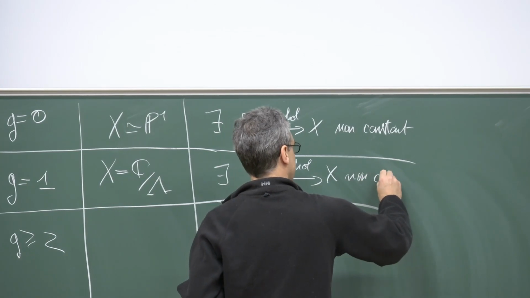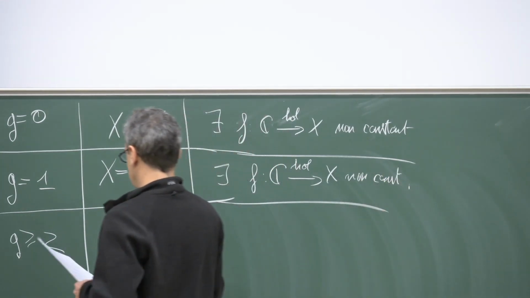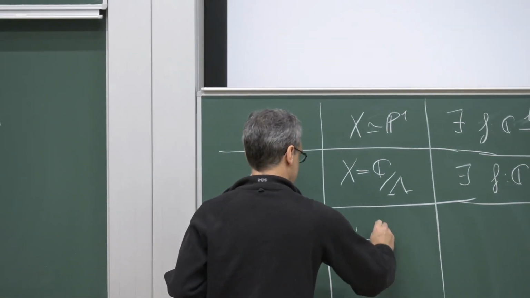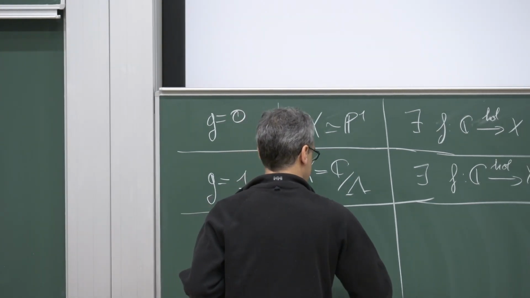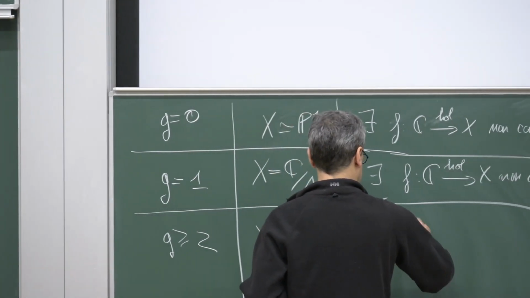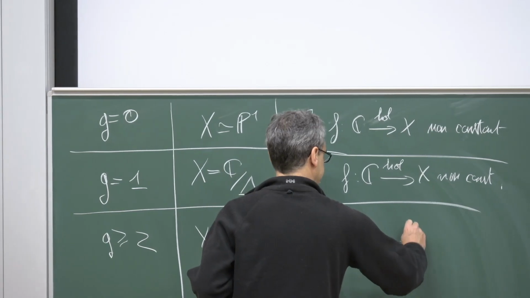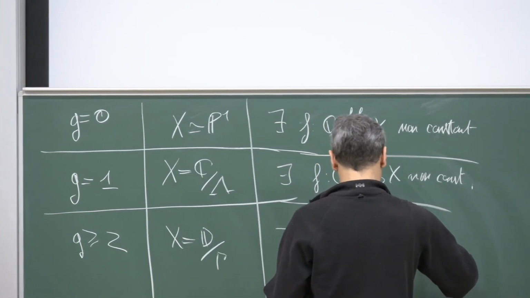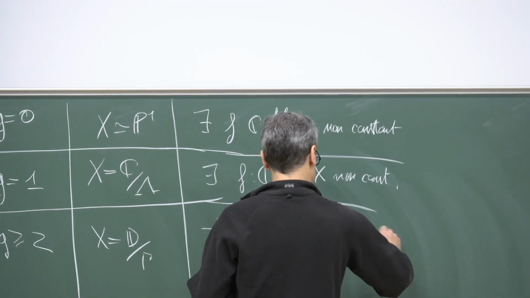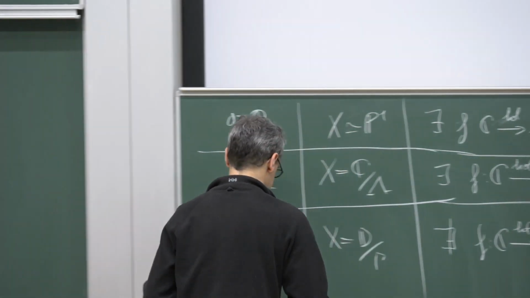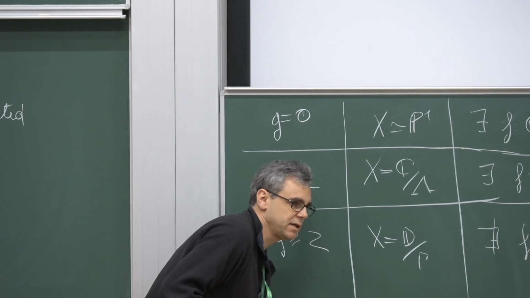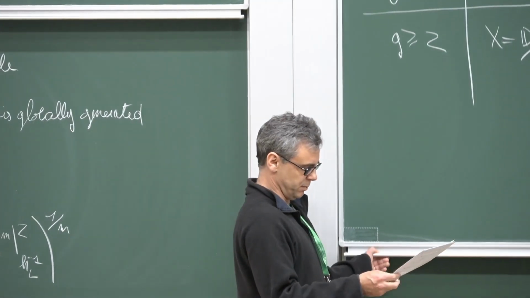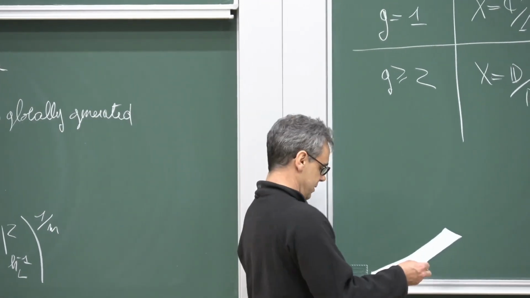And we've just proved that in this case, genus at least 2, there is none. Okay, so there is a complete characterization of compact Riemann surfaces with this property.